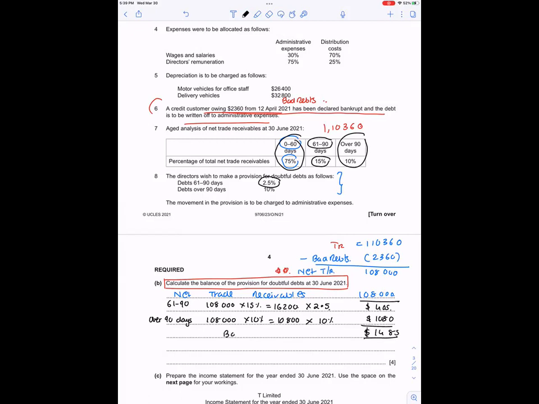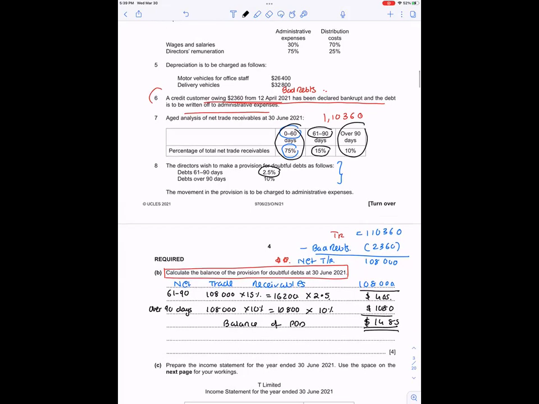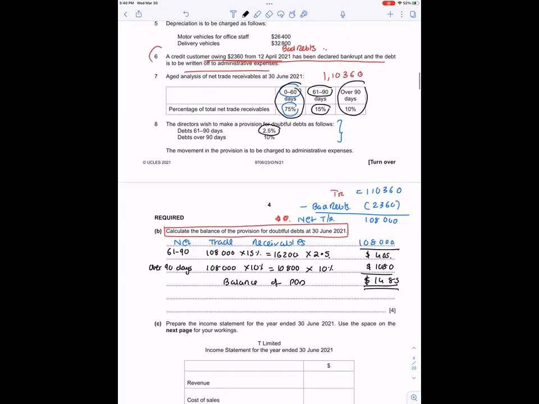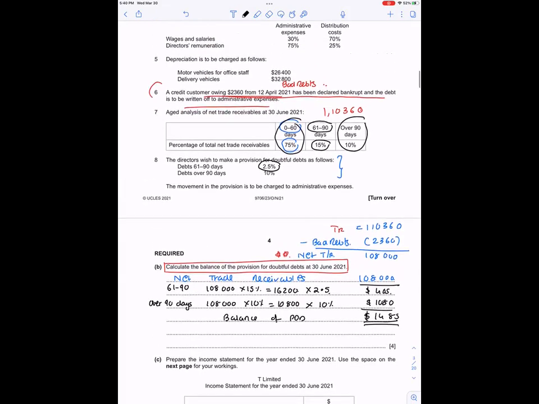So my balance of PDD is 1485. Yes. Do you all want me to proceed ahead now?